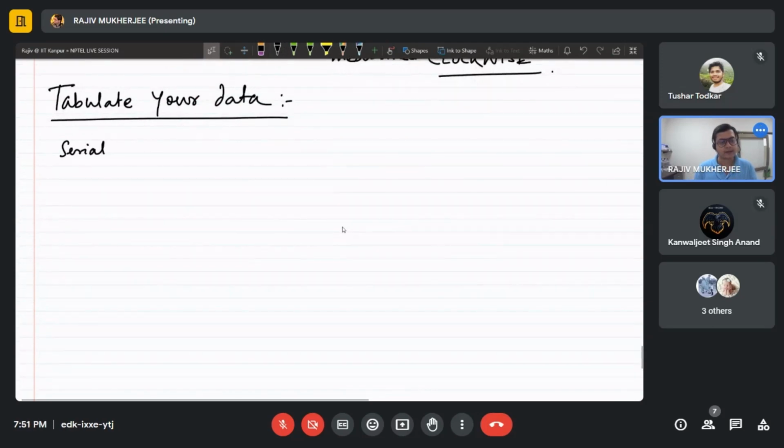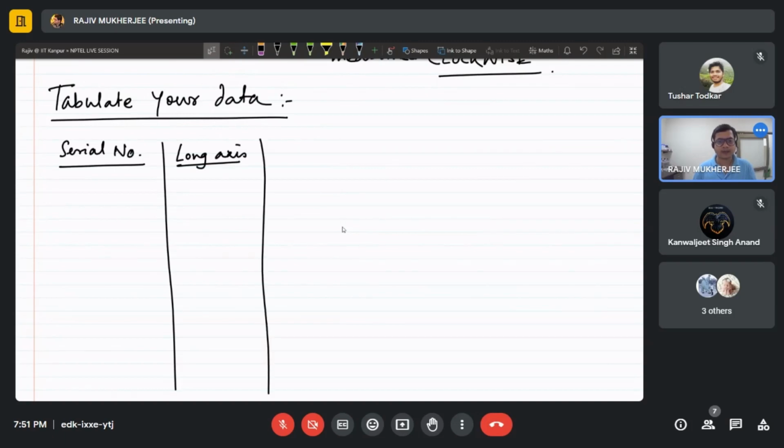Then you measure the short axis. Then you calculate RF, that is simply LA divided by SA. And then you tabulate your phi. So you measure the data accordingly.